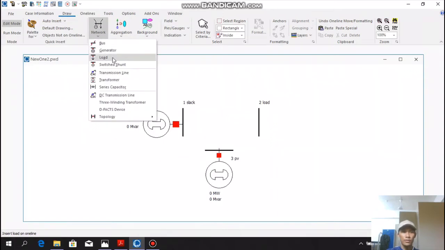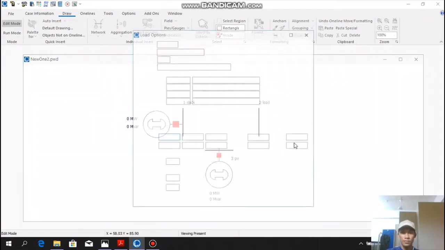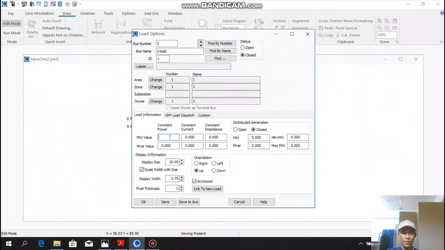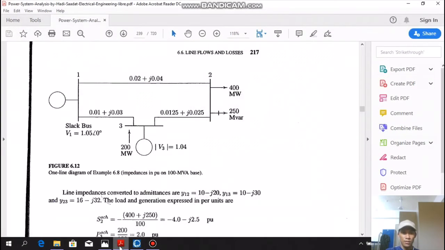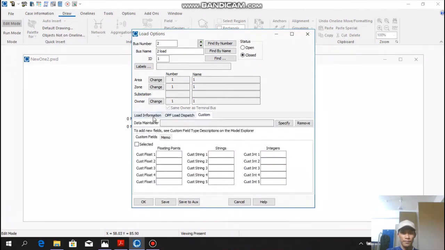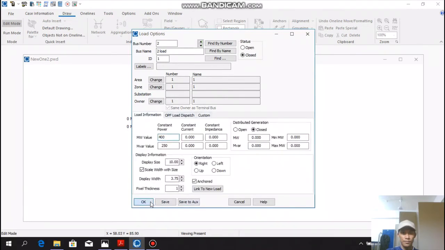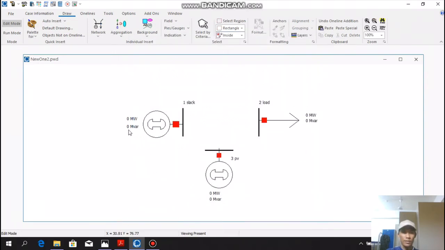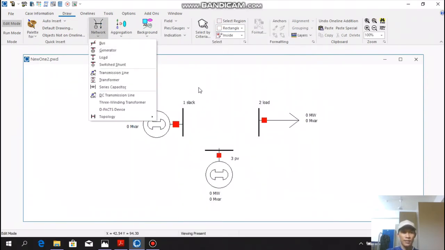And the load. Constant power is 400. Then now the transmission line.